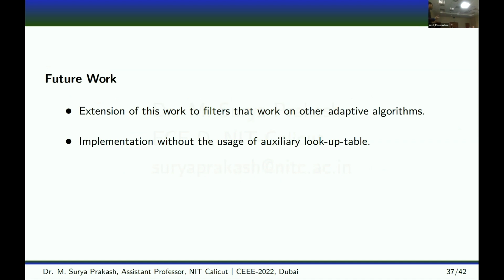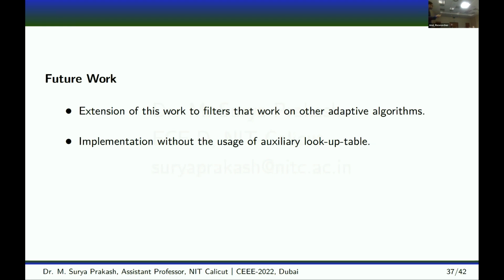So our future work focuses on the implementation of other adaptive algorithms like the delayed least square algorithm and then the recursive least square algorithm. So there is some scope for the implementation of these 2 algorithms. And in fact, even for the same implementation, which is the Signed-Regressor LMS based implementation, because the weight update algorithm is based on the signum value of x, there is some scope for completely avoiding the usage of the auxiliary lookup table.